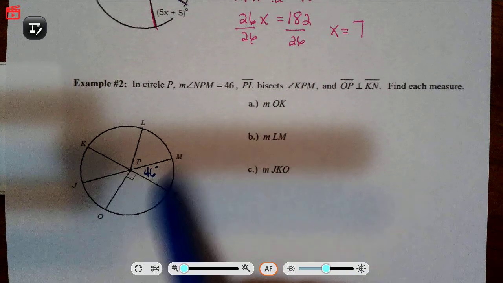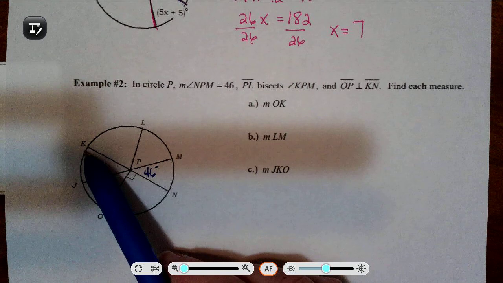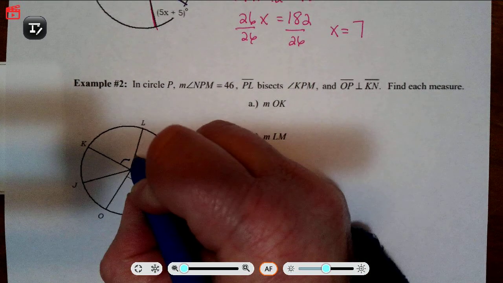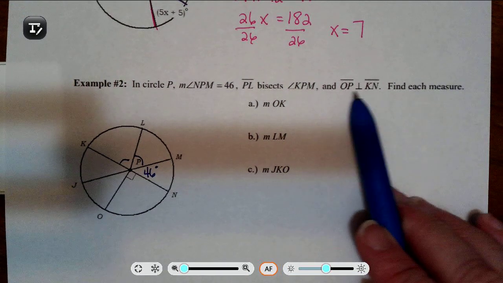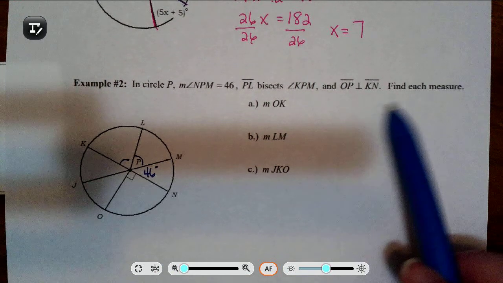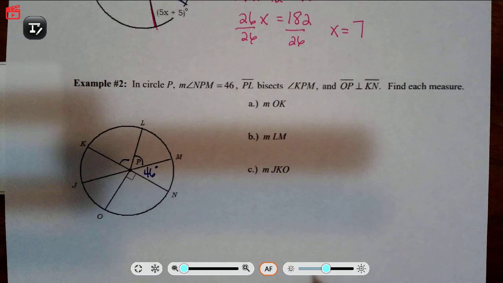We know that PL right here is going to bisect KPM. So this angle and this angle are the same. We see where some segments are perpendicular, and that's already marked in the diagram. And we need to figure out what is the measure of OK. So what is the measure of arc OK?